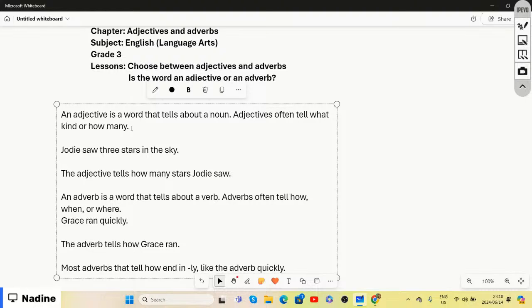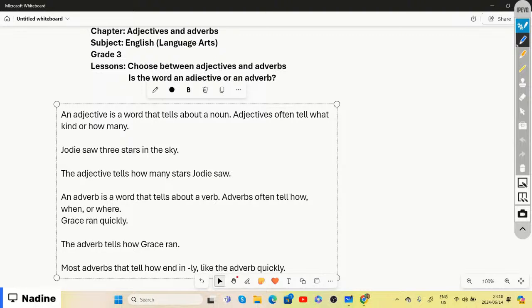And if we look at an example of an adjective, remember we said that adjectives either tell us what kind or how many. Firstly, an adjective is a word that tells us about the noun. We can say it modifies a noun, or we can say it describes the noun.